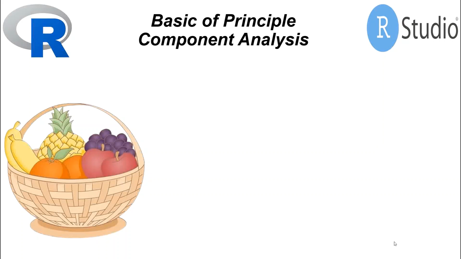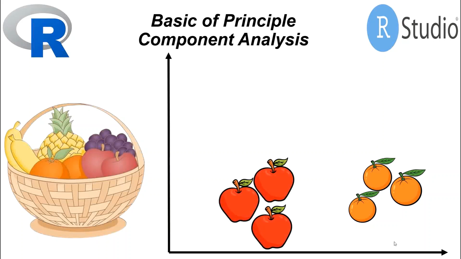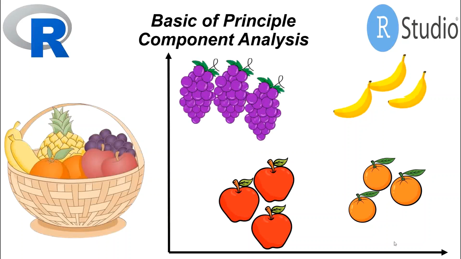By looking at the features of the fruits, you will start to put them in one place. What does it mean? It means that you will collect all of the oranges from the bucket and put them in one specific position. Similarly, you will take all of the apples based upon the features and put them in one place. And likewise, you will put the bananas and the grapes in separate positions.